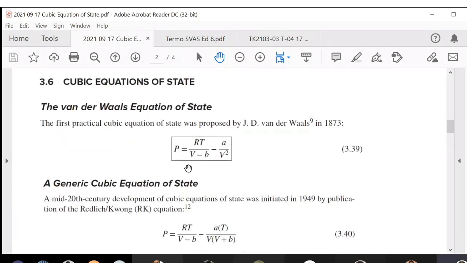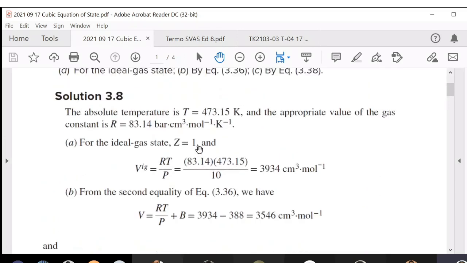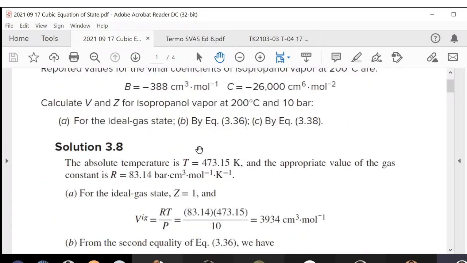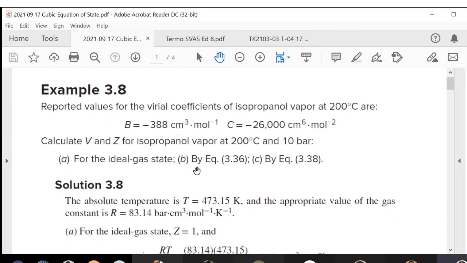There is another equation of state that we call the virial equation of state. I will go briefly. It is from example 3.8. The virial equation of state is explained in equations 3.36 and 3.38. I think we will go to this virial later.